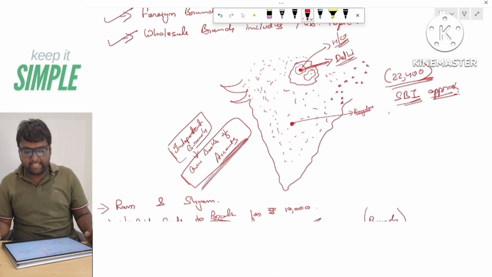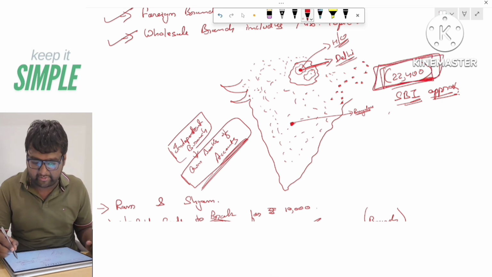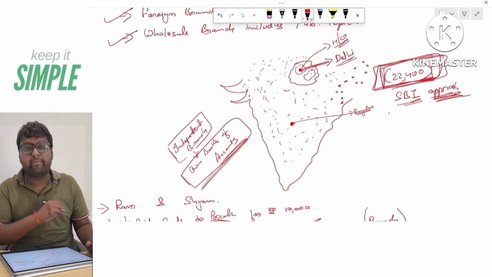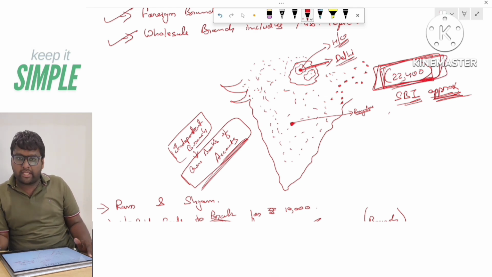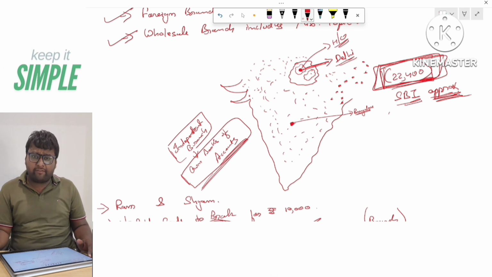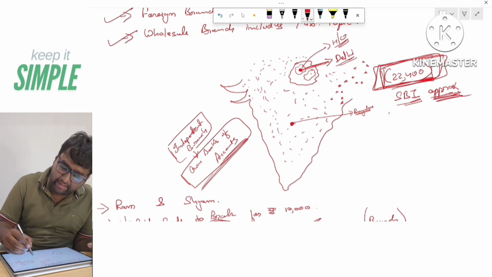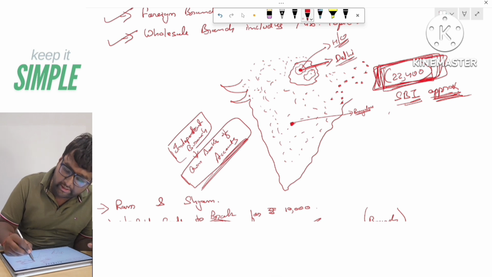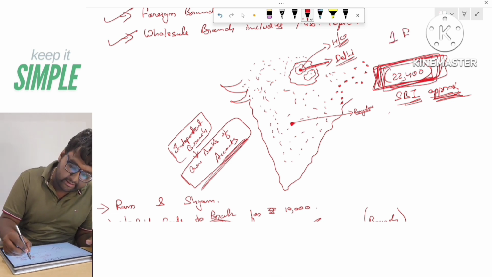We assume that these approximately 22,400 are independent branches and maintain their own set of books of accounts. So if every branch maintains its own set of books of accounts, we'll have 22,400 balance sheets for a single entity, that is SBI.